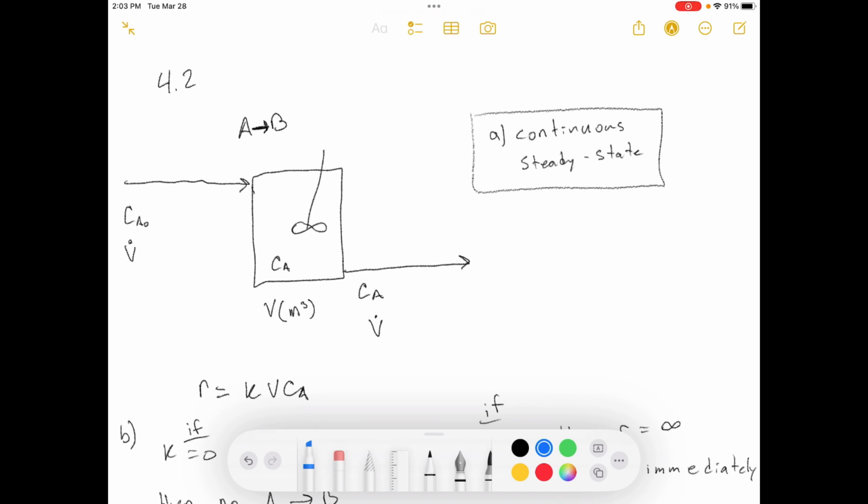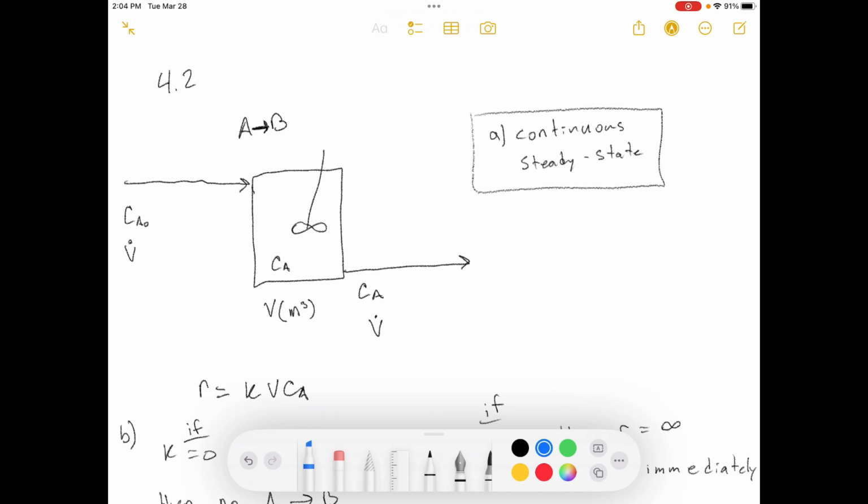Today we're working out of Elementary Principles of Chemical Processes, 3rd edition, and we're doing problem number 4.2. The problem statement says, a liquid phase chemical reaction, A goes to B, takes place in a well-stirred tank.